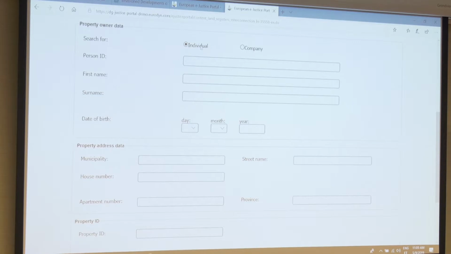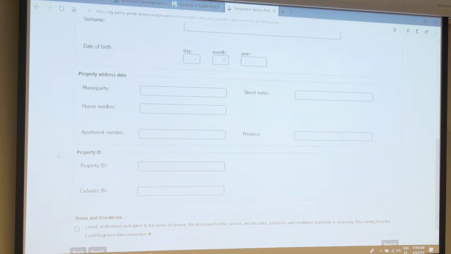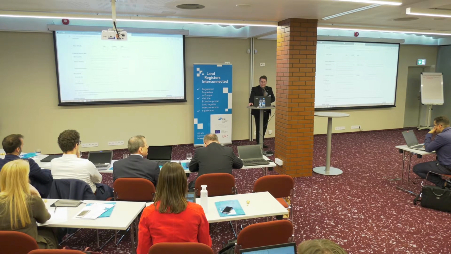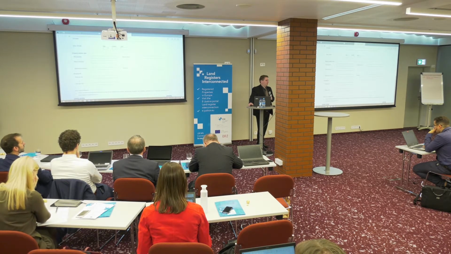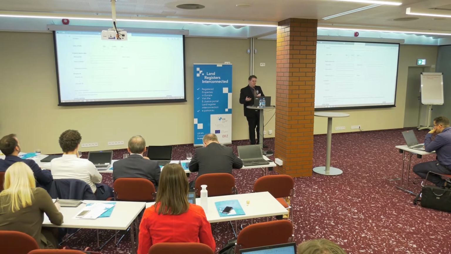So this information is the same here. But for example, in Estonia, for this use case, you have also the option to search for property address data or the property ID. That might not be the case in all of the countries, so that's the reason why there are country-specific search forms where you can offer the user more detailed search options.